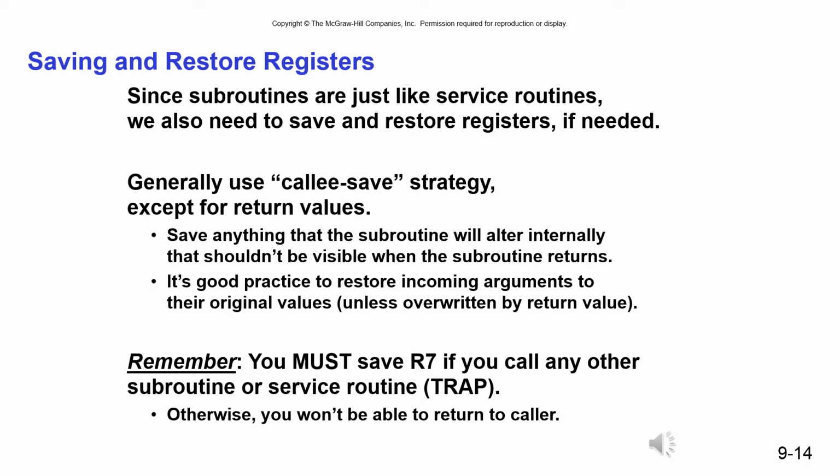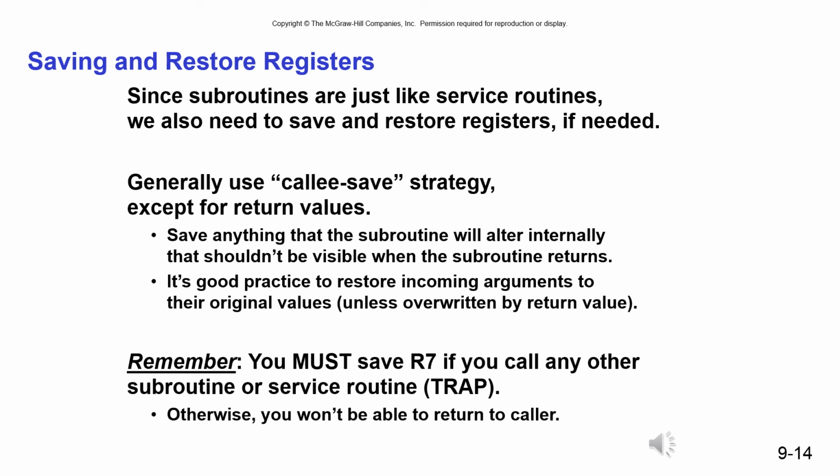Now, in the examples we've seen so far, they use R0 for the return and also for this single argument. That is not standard procedure. That is not the way you have to do it. It just happens to be the examples that we've seen so far.